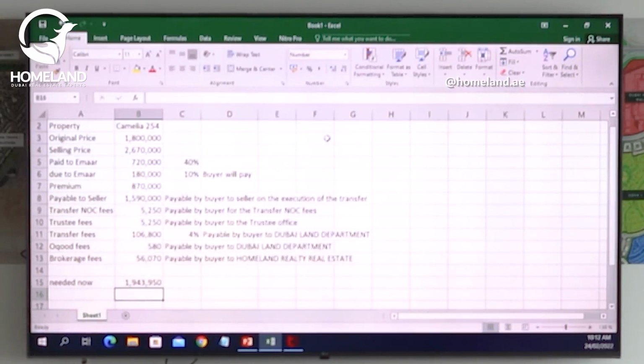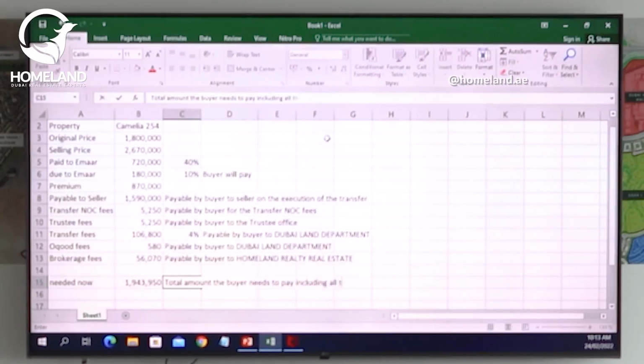He bought it for 2.67, but he is paying only 1.94 now. The difference is future payments. This is the total amount the buyer needs to pay, including all the fees until the execution of transfer.